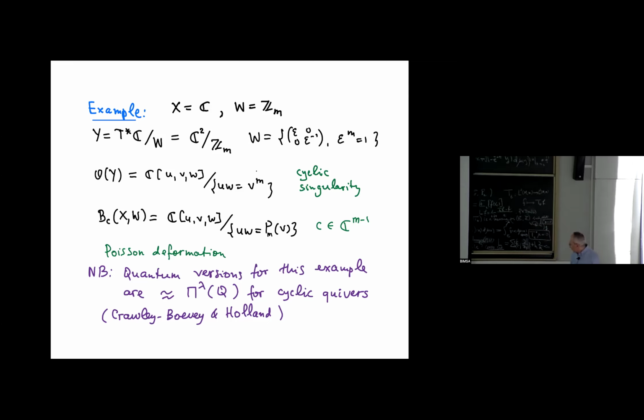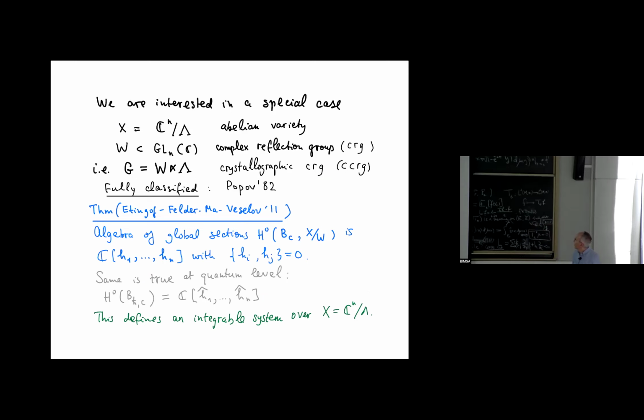Okay, right. So for this integrable system, you need to take X to be special, namely it needs to be an abelian variety, so the quotient of affine space by a lattice of full rank 2n, and W will be a finite group acting on X, which means that it's a subgroup of GL_n preserving this lattice Lambda, and it's enough for us to restrict to the case when W is a complex reflection group.